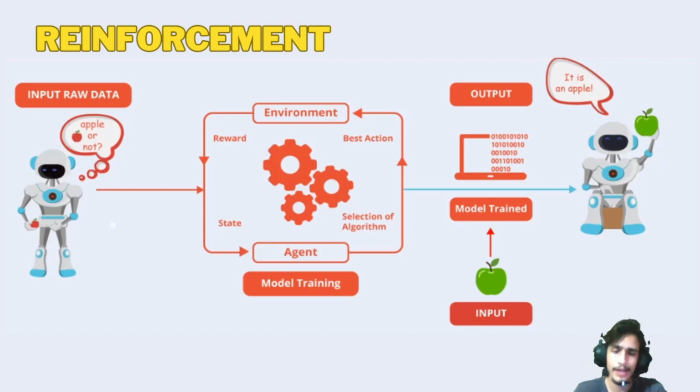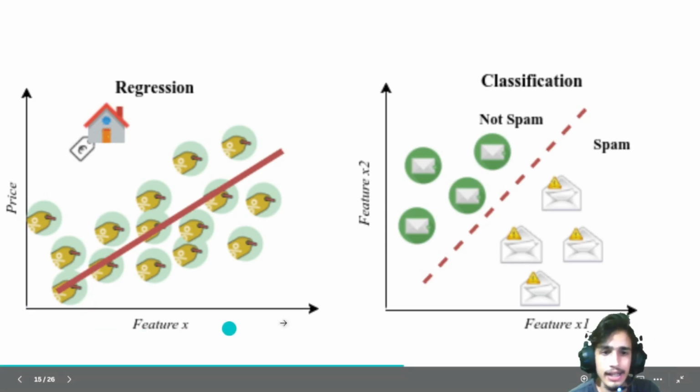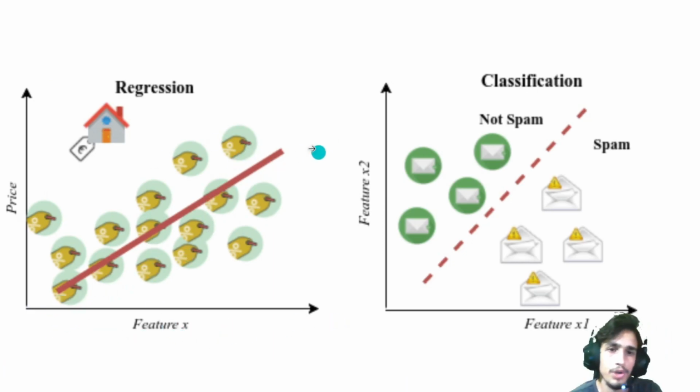We can also classify machine learning into three more categories: regression, classification, and clustering. In a regression problem, we have some data and we have to predict new data on the same line. We have variables and target variables, and with these we plot a graph and a regression line and find a value.